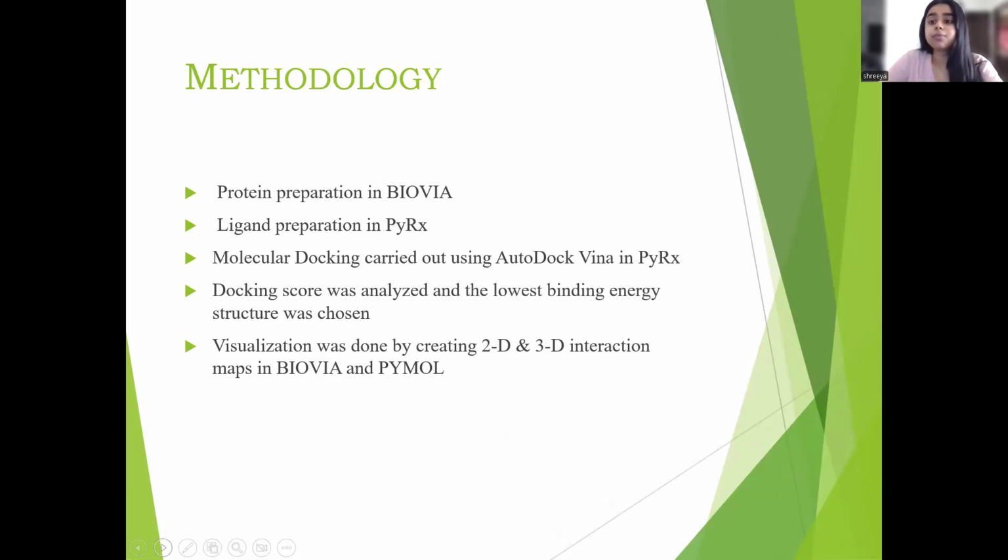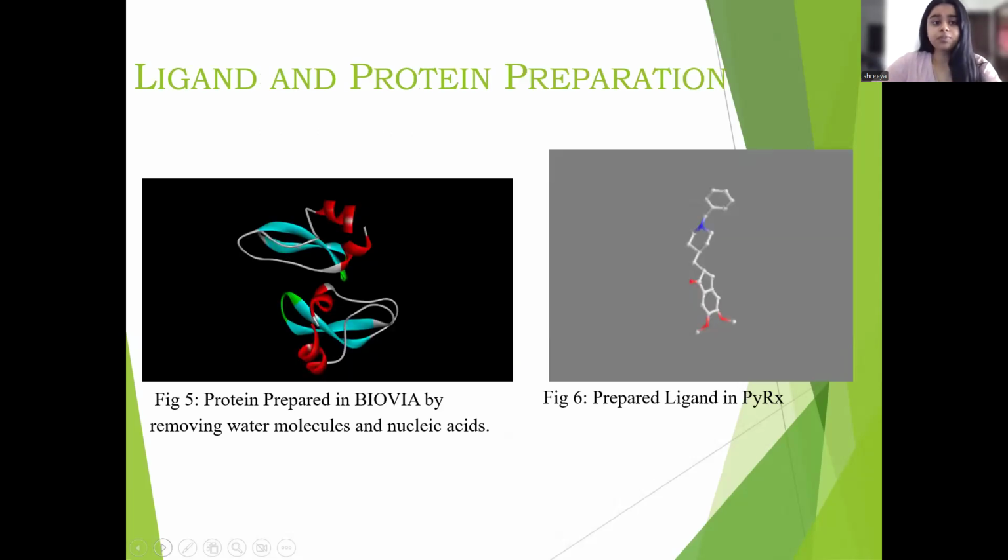After that, the molecular docking was carried out using Vina Wizard, AutoDock Vina, in the PyRx software. The docking scores were analyzed from the output table, and the one which had the lowest binding affinity was taken forward for further visualization. Then I created the 2D and 3D maps in BioVia and visualized the structure in PyRx.